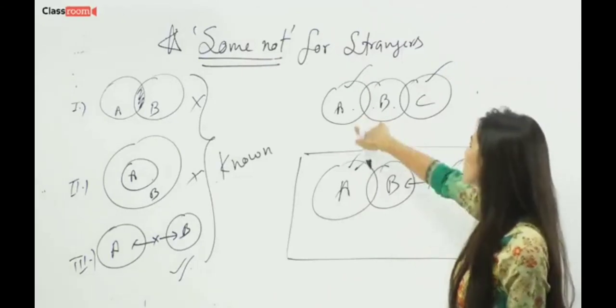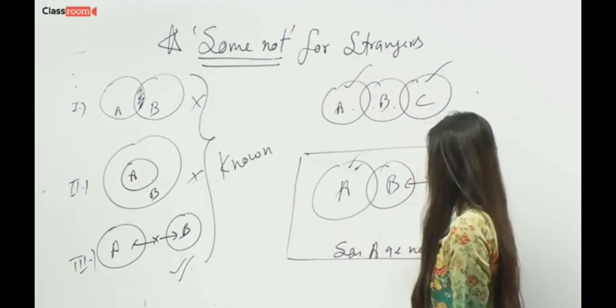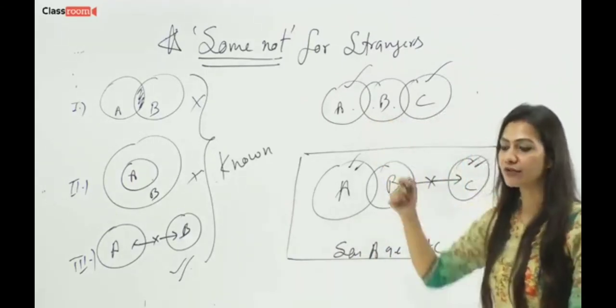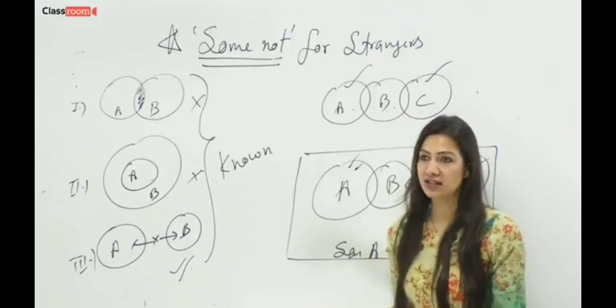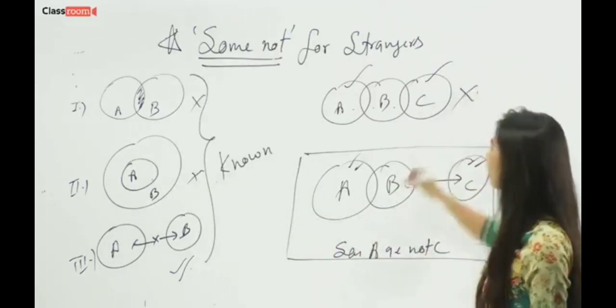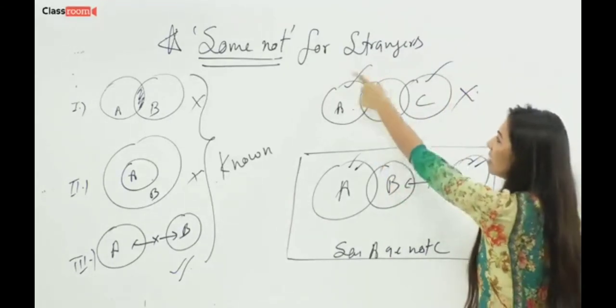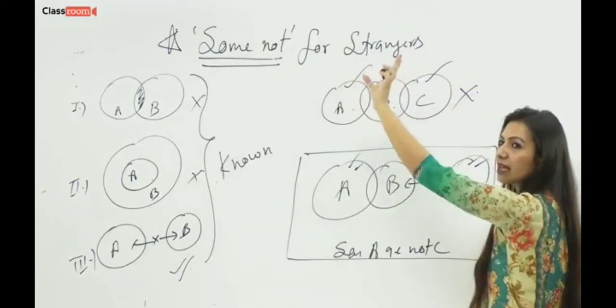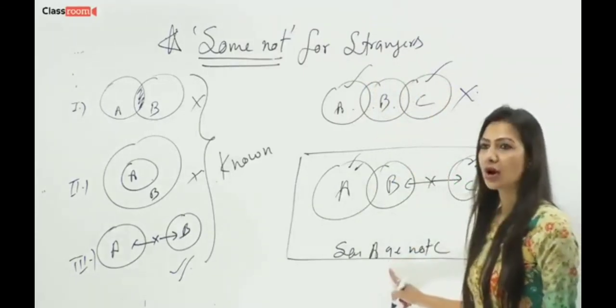But in the first one, to conclude "some A are not C" as right, we have been given everything positive. So we have one thumb rule: if everything positive is given, we cannot conclude any negative one. So "some A are not C" is wrong here. We don't need to check. We can directly say nothing negative is given, so any negative conclusion will be wrong for such a Venn diagram.